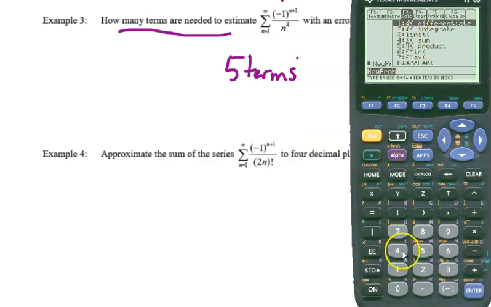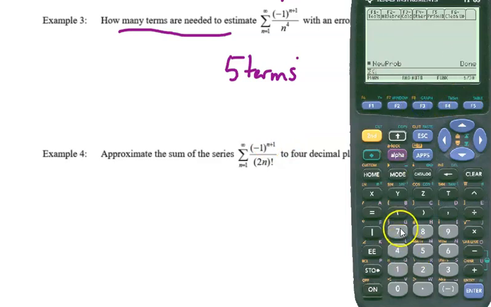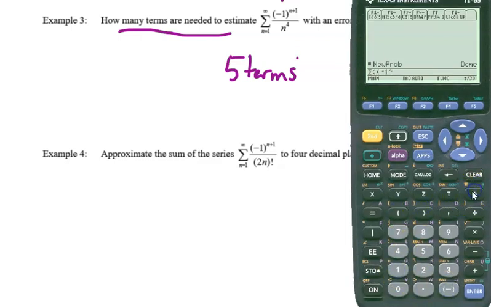So I'll go to F3 and then choice 4 for summation, and I'm going to put in parentheses and then -1 raised, oops, lost my second parentheses, close parentheses, raise it to, in parentheses, x plus 1, and I'm using x instead of n, and then divide that by, open parentheses, and put in 2x, close parentheses, and then for factorial, you want the green diamond division sign. It doesn't say that that's factorial, but I promise it is, green diamond division sign.